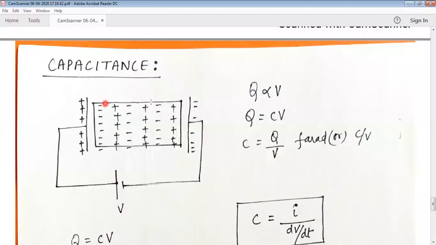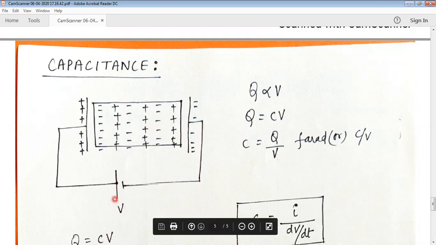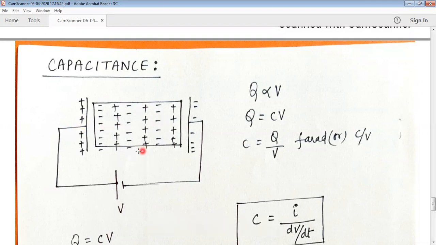So whenever a dielectric material is placed between the two metal plates, and an external voltage is applied to the two metal plates, then there will be a capacitance effect.